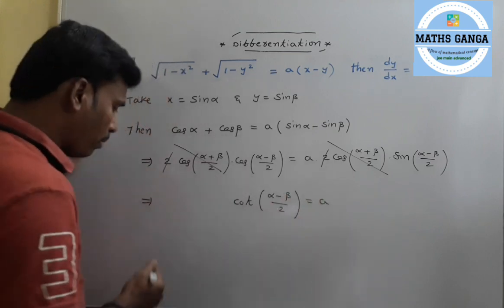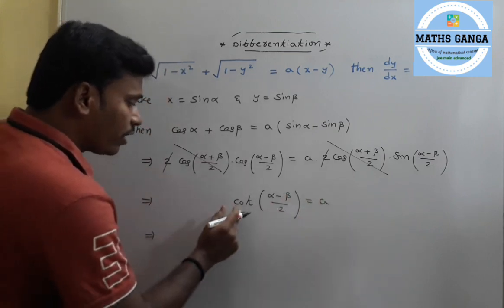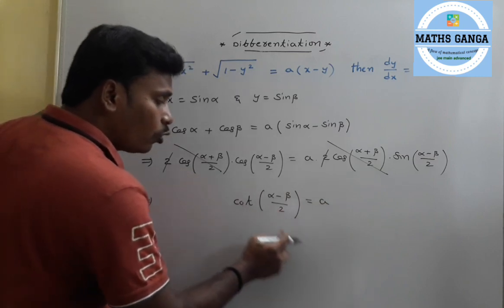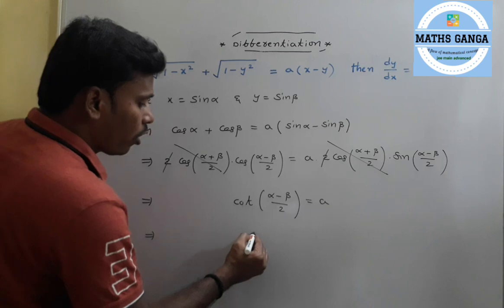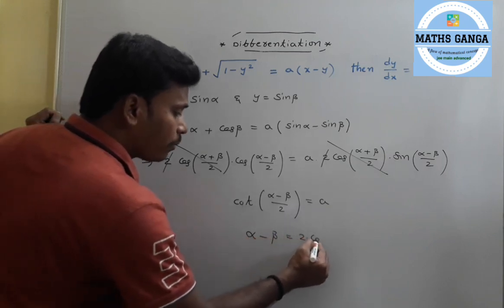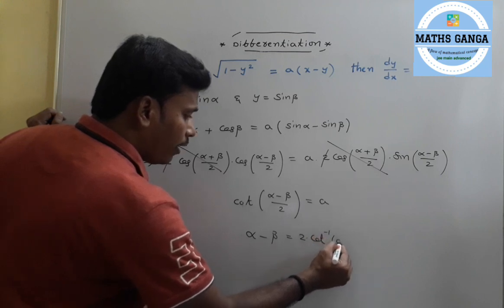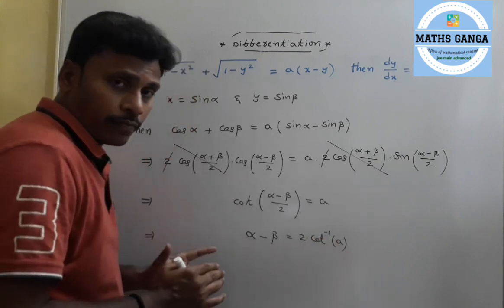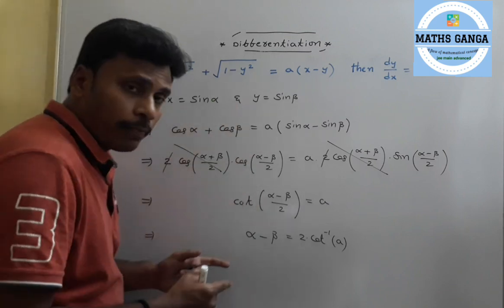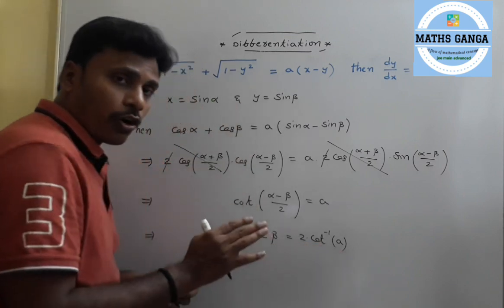Further, just do certain simplification. Sending cot to that side becomes cot inverse, and then sending 2 to that side will become 2 cot inverse. So alpha minus beta is equals to 2 times cot inverse of a. Now just look here, alpha and beta are dependent on x and y as well. This 2 cot inverse of a is a constant.